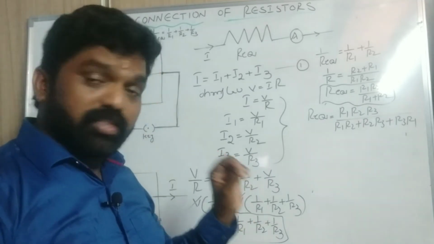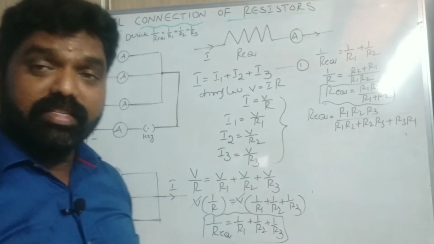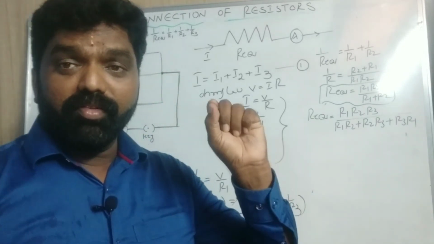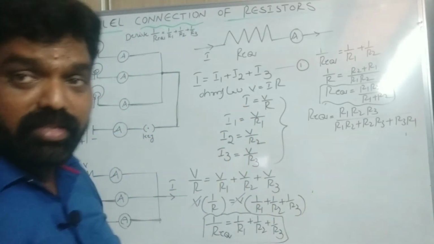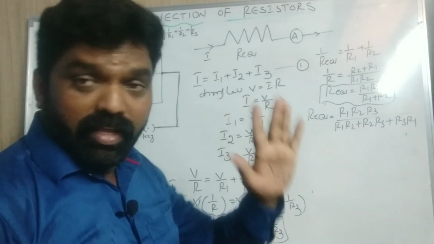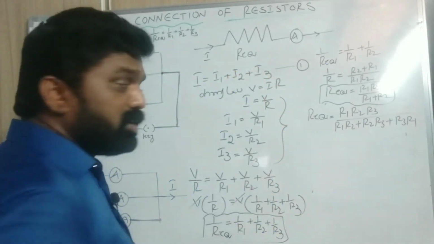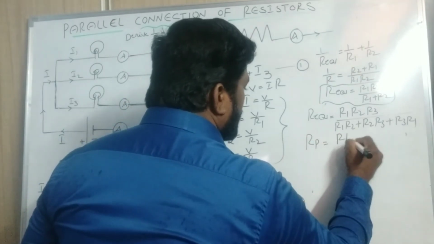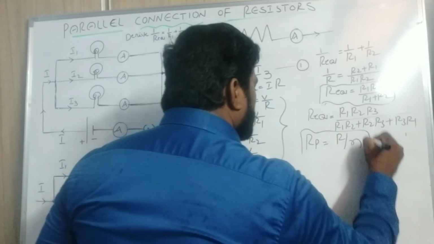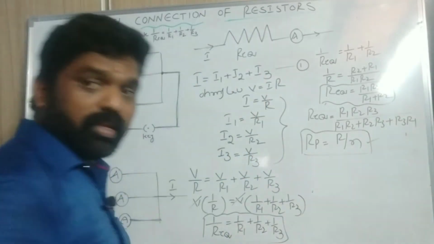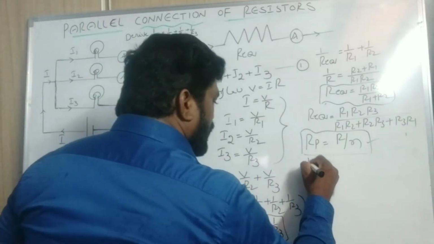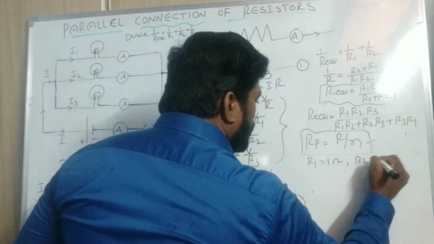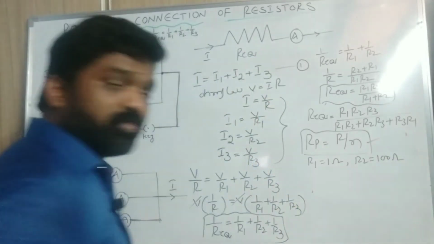Suppose a number of resistors are connected in parallel, and each and every resistor has the same resistance, then for those resistors connected in parallel, Rp equals R by N. So this is the formula. Suppose R1 is 1 ohm, R2 is 100 ohm.